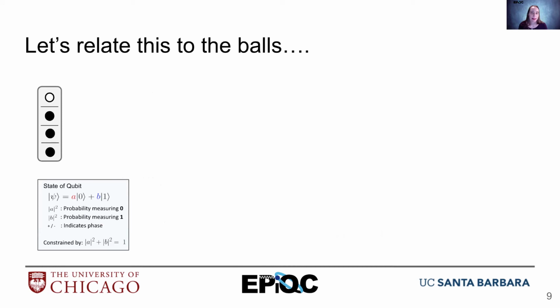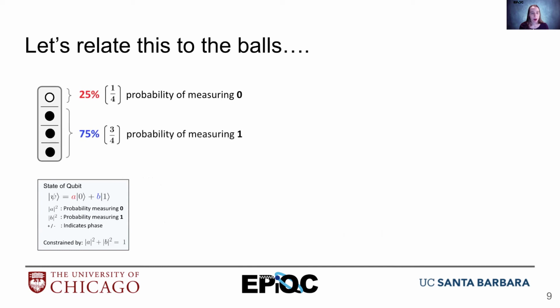All right, let's look at when we have more than just 2 states. So remember, this 4 state means that each one of those has equal probability, which means that we have 1/4 probability of measuring a 0 and 3/4 probability of measuring a 1. All right, so how would we write this in Bra-ket notation? Well, we would have 1 over square root of 4.